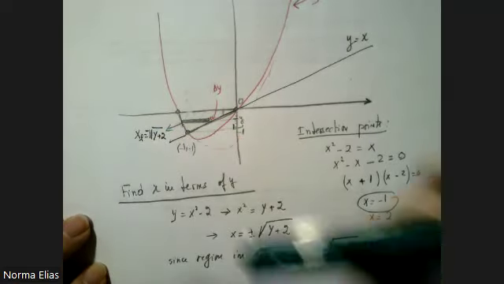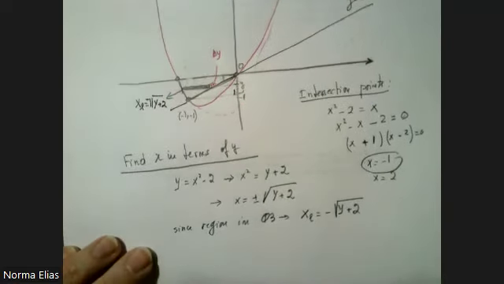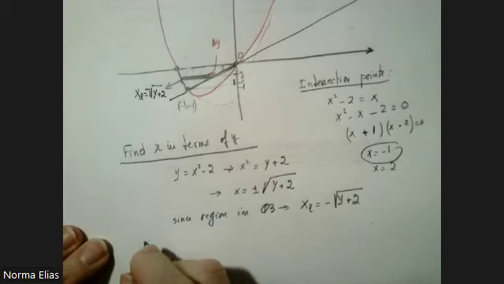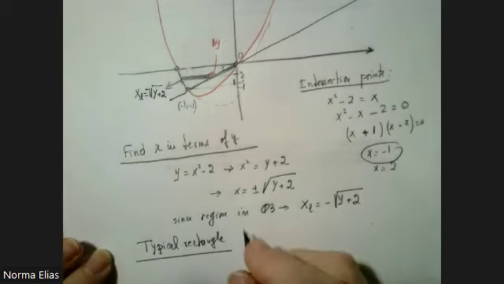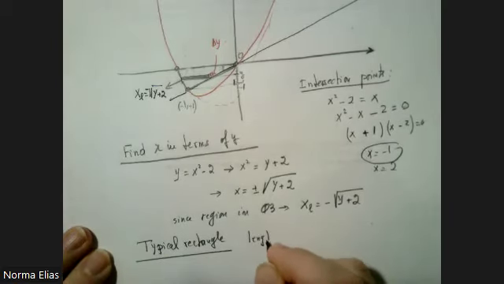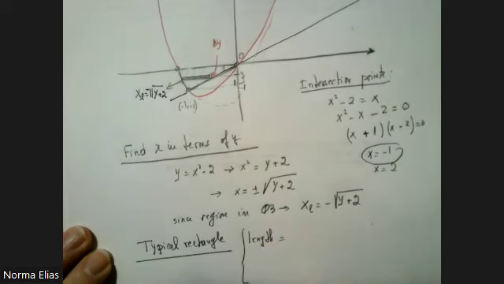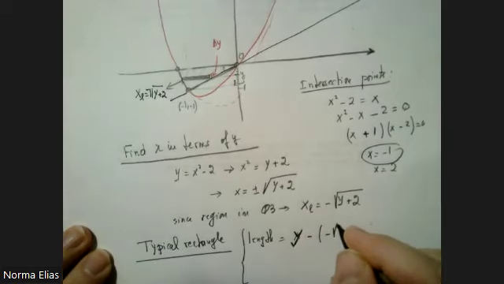So that's my typical rectangle now. The length is the right value, which is y, minus the left value, which is the minus square root of y plus 2.